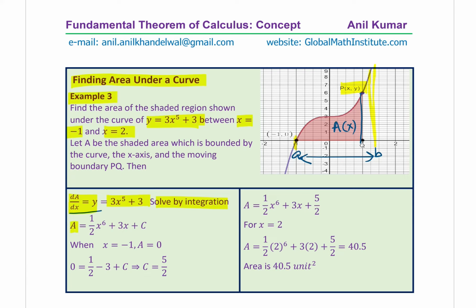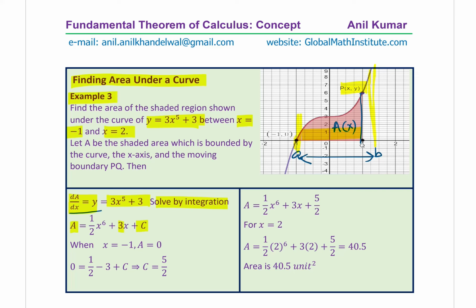So area is equal to the integral of 3x to the power of 5 plus 3. That gives x to the power of 6, with denominator 6, which cancels with 3 and gives you half, and here we get 3x plus c. Now to find the value of c, notice that if this particular point is shifted in and sits right there, the area is going to be 0.